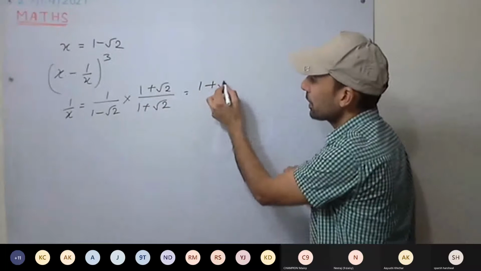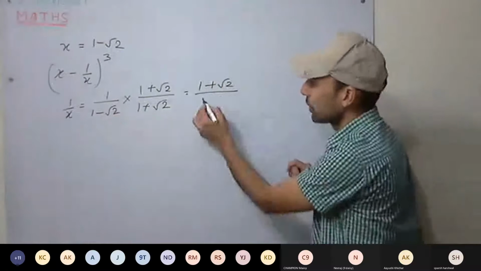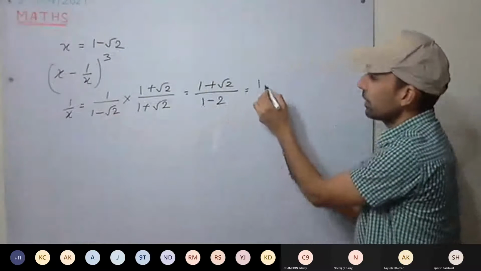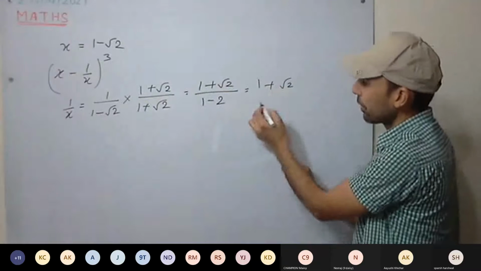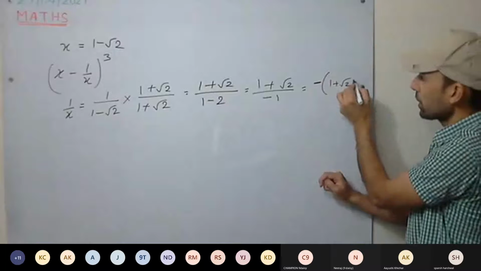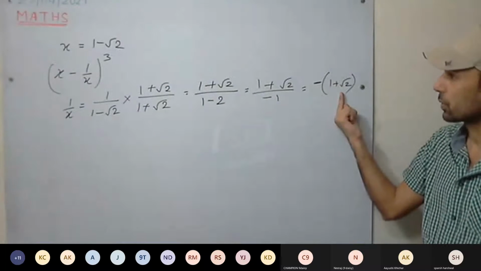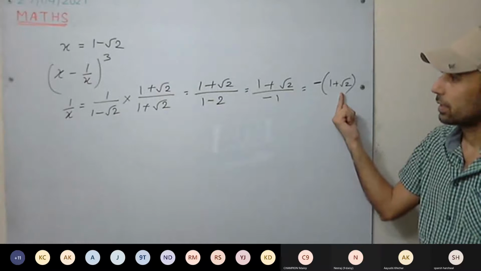So it will be 1 plus root 2 divided by 1 minus 2. It will be 1 plus root 2 divided by minus 1, or we can say minus 1 minus root 2. Sorry, 1 upon x equal to minus 1 minus root 2. Is this clear?